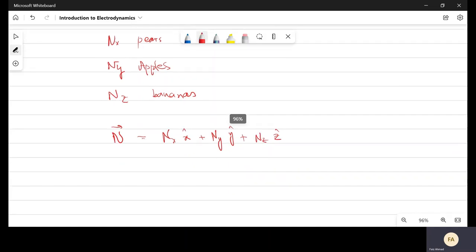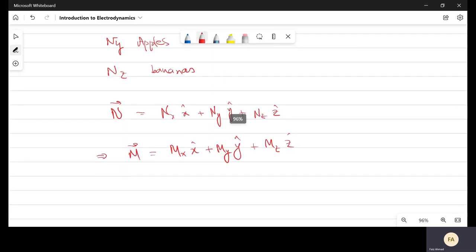So let's say we have another set of pears, bananas, and apples, and say it's m, and we say mx pears, my apples, and mz bananas.